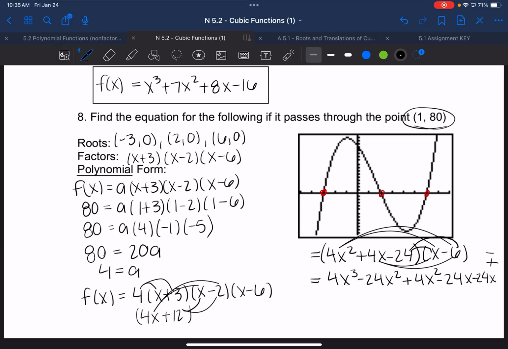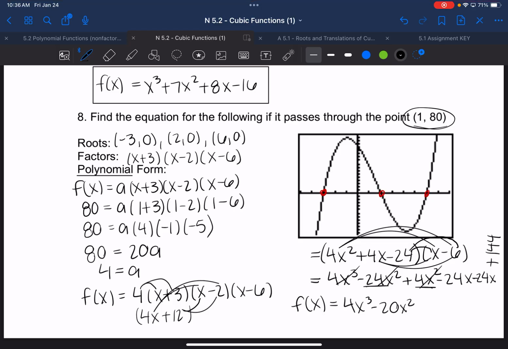So plus 144. Okay. Then the last step would be to go back and combine any like terms, all right? All right, so our biggest exponent is the cube. So we'll start there. We got 4x cubed. All right, so done with that. And then I've got a negative 24x squared and a positive 4x squared, which would leave us with, okay.